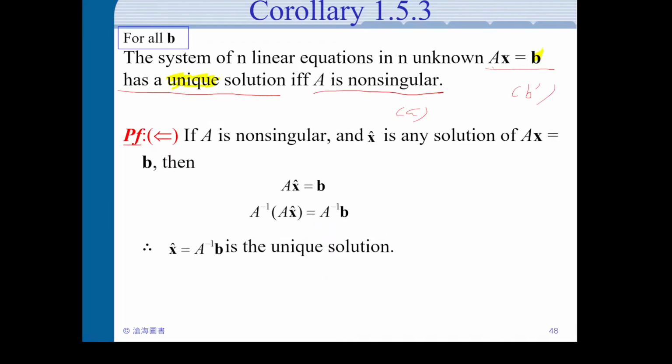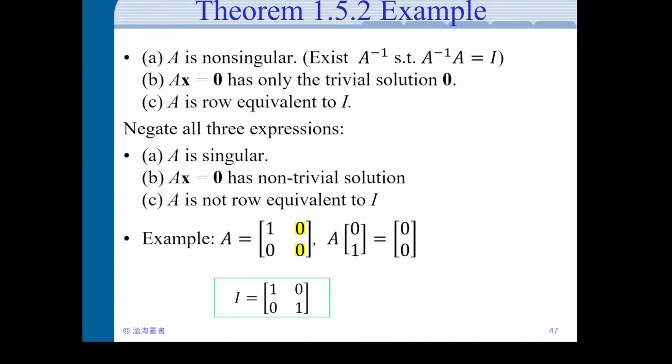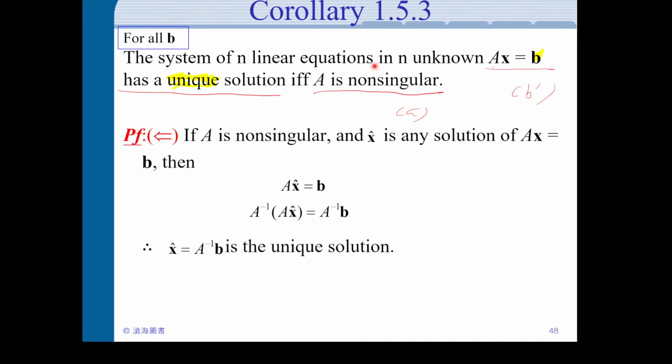Then we have corollary 1.5.3, which says that, so we use this theorem back on our linear system of equations, and now we can have a condition on when we have a unique solution. Remember we said that a linear system has 3 possible solution sets. It can either have no solution, 1 solution, or infinitely many solutions. And here we give a condition about unique solution.